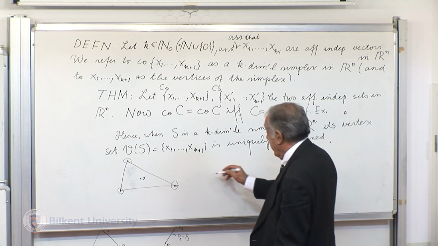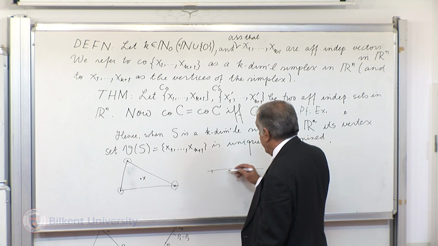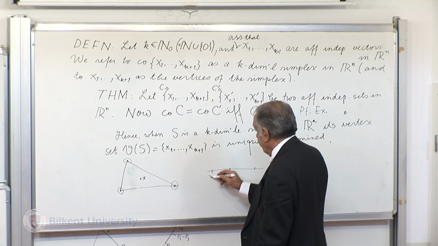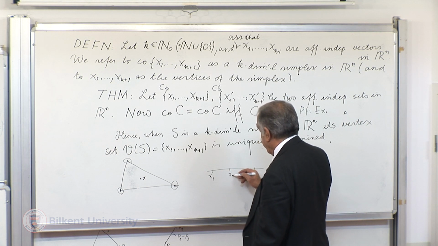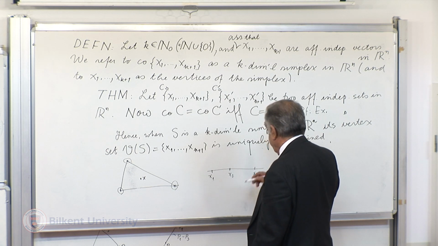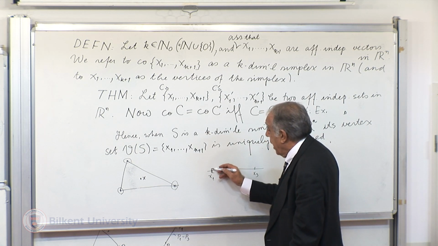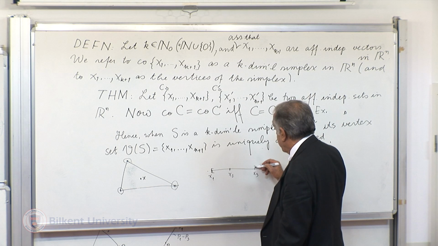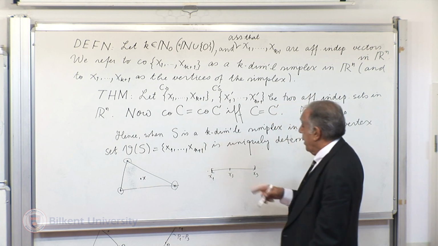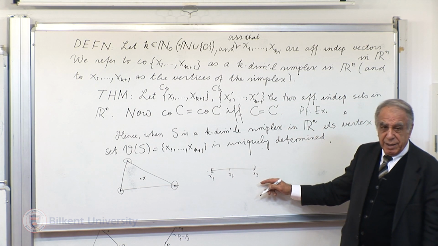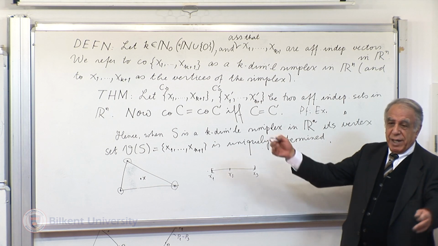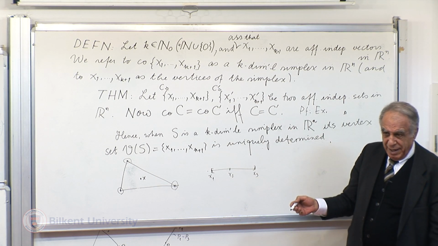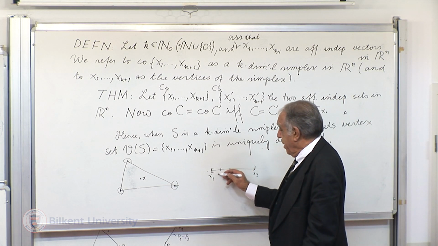If, for example, they're affinely dependent, well, in this case, the convex hull of x1, x2, x3 will be a degenerate triangle. Take x in here.